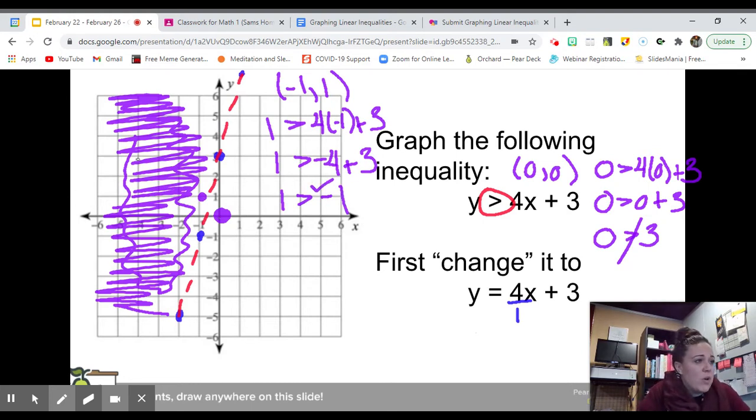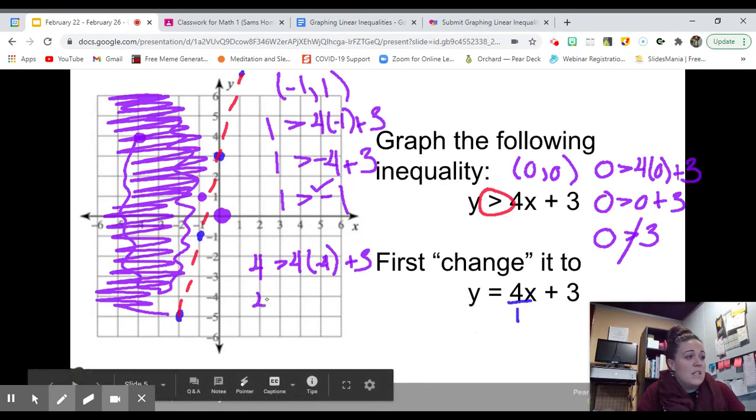Okay, another particular point over here, if I was to use, let's just use negative 4 and negative 4. So 4 was the y value. Is 4 greater than 4 times negative 4 plus 3? Is 4 greater than negative 16 plus 3?